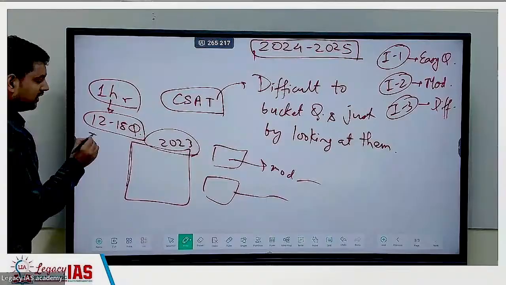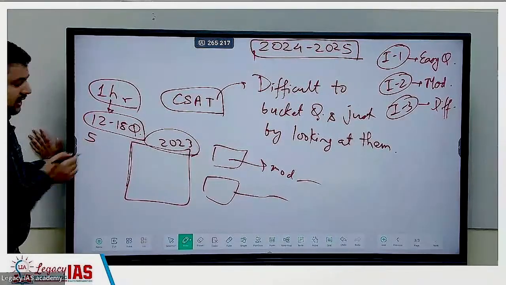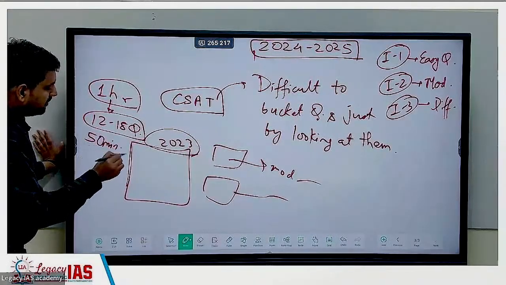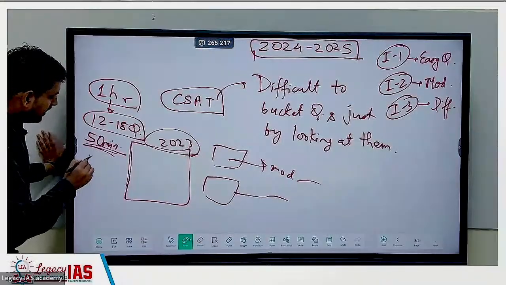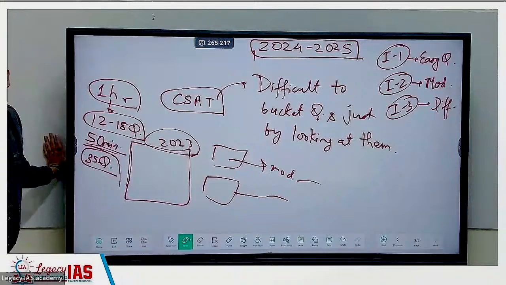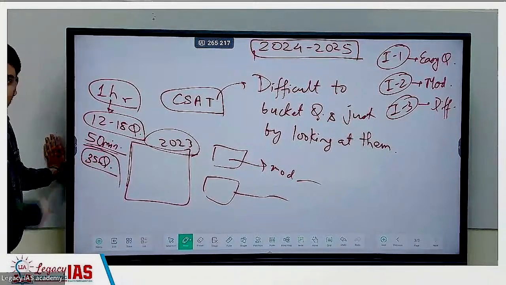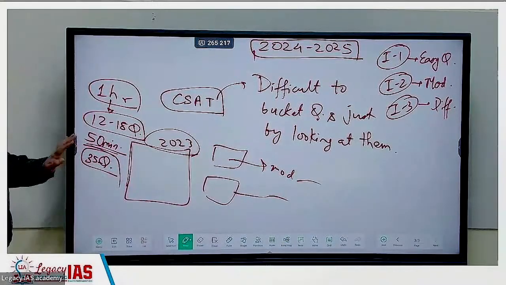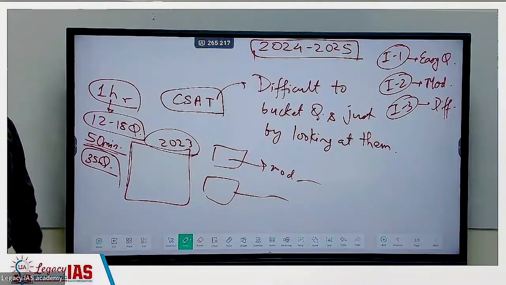Now, what they were left with, 10 minutes is obviously for bubbling. They were left with 50 minutes only, and now they have to attempt around 35 questions. Doing 35 questions in the last 50 minutes when you are already panicking was very, very difficult. And this is how people failed in CSAT.